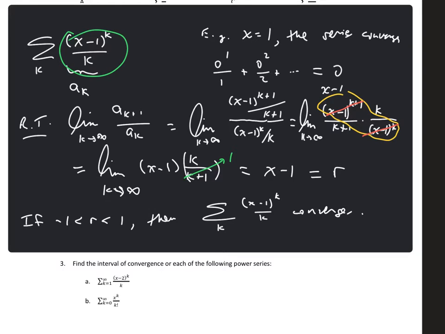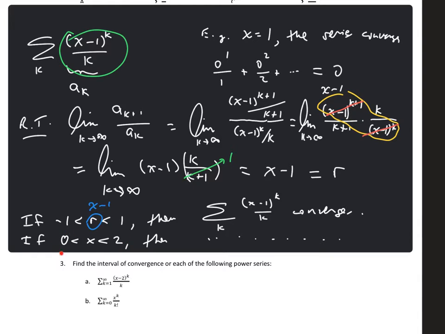So in this case, the r is x minus 1, and so I can add 1 to everything in that inequality and rewrite this as if 0 is less than x is less than 2, then the series converges. So the only algebra I did there was taking this inequality and adding 1 to each of the three parts of the inequality, and it gave me this.